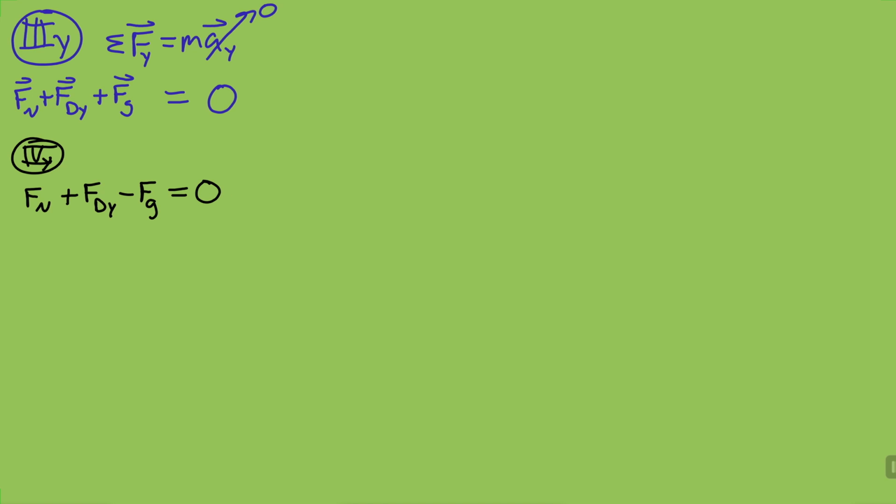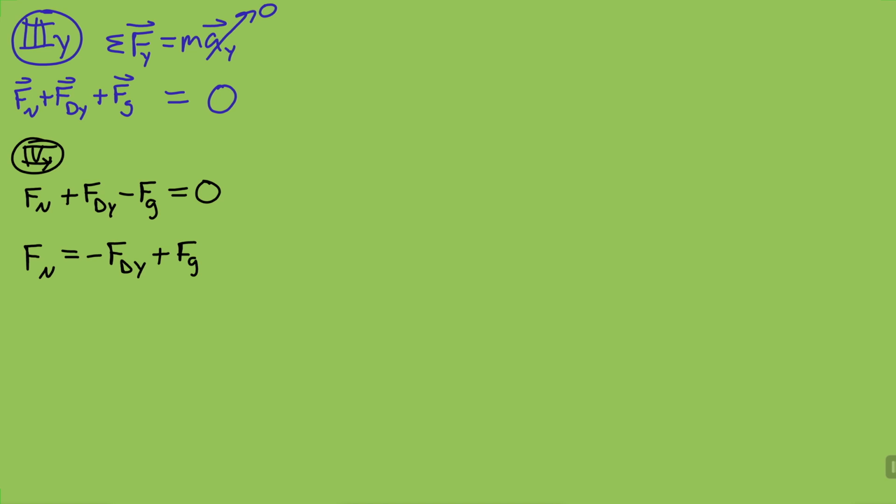Next, let's see, what are we actually looking for? We're looking for the normal force. So I want to try to get F sub n by itself, so I'm going to subtract F sub dy from both sides, and I'm going to add F sub g to both sides. And that's going to give me F sub n is equal to minus F sub dy plus F sub g.